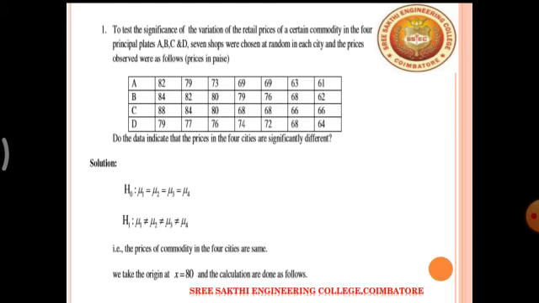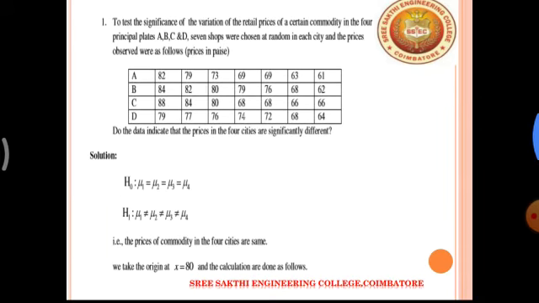The data may be equal or unequal. If equal or unequal, in both cases we can use one-way classification. There is no difficulty in using one-way classification. Do the data indicate that the prices in the 4 cities are significantly different?